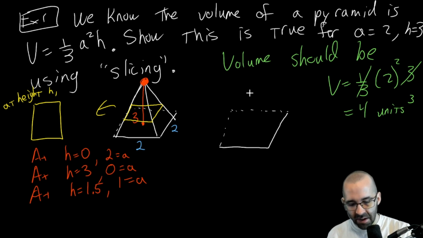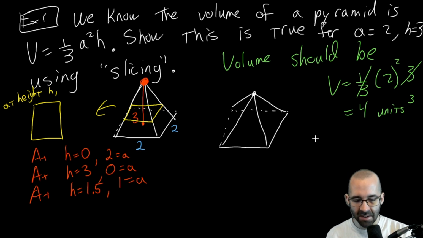So another way of visualizing this is looking at triangles. Think of a triangle going up the side of this pyramid, where this wall is going up the right side of the pyramid. Again, really hard to visualize and draw these things.